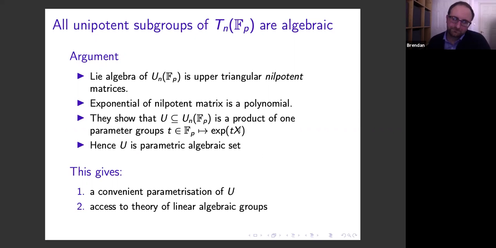So more or less, they can show that any unipotent subgroup of the full unipotent subgroup over FP is an algebraic set, and this lets them use the theory of linear algebraic groups to characterize the group generated by a soluble approximate group, and it also is a nice way to work with the unipotent subgroup.